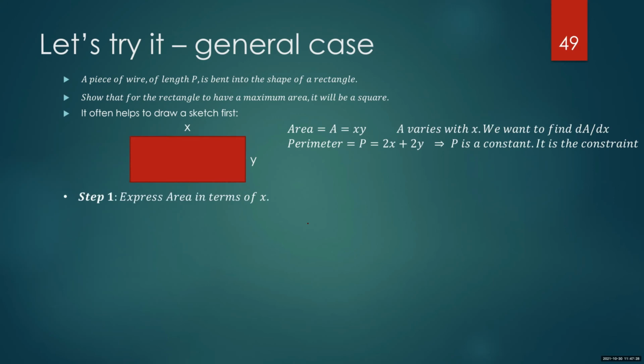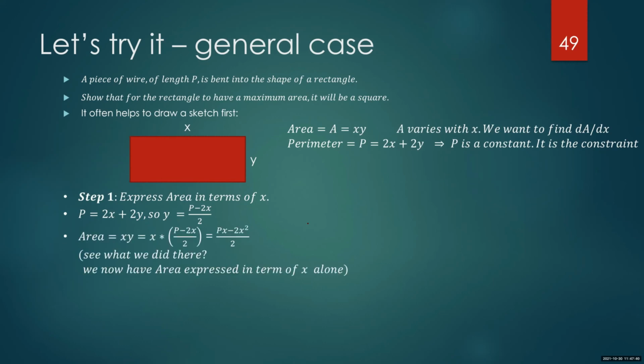So the first thing we want to do is express the area in terms of x. The perimeter is 2x plus 2y. So y is equal to p minus 2x over 2. And the area then is equal to xy. That's x multiplied by p minus 2x all over 2. And that's equal to px minus 2x squared all over 2.